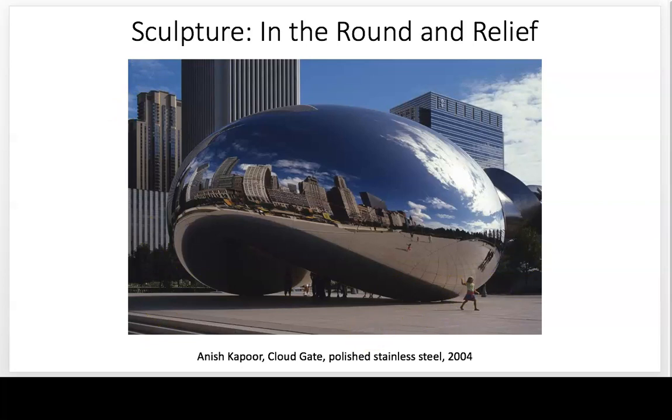So sculpture is made of a very, very large number of materials throughout the history of art. Traditionally, and in this course we'll deal with ancient to Gothic, we're going to see most of it made of stone, wood, clay, and some sort of metal at times.